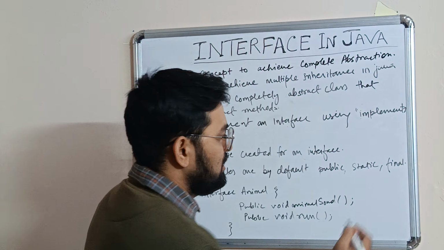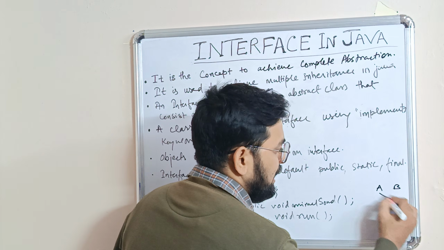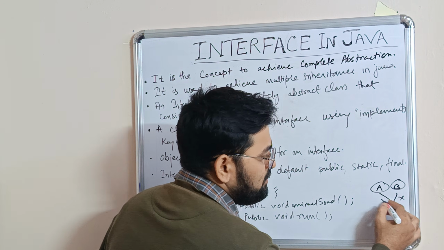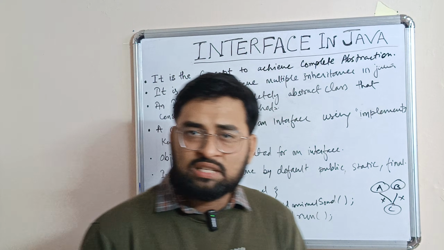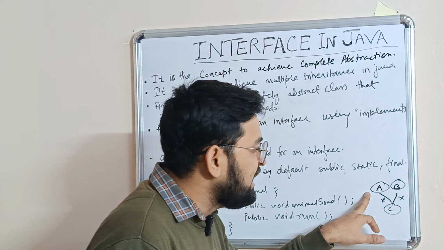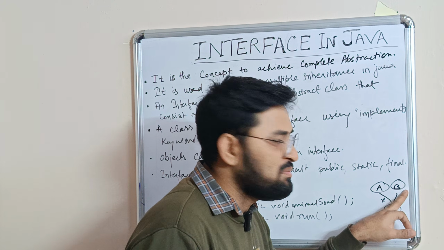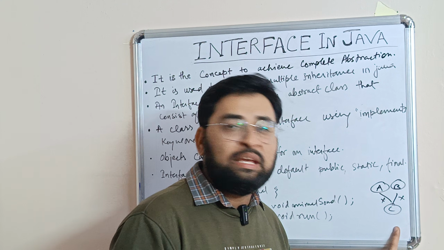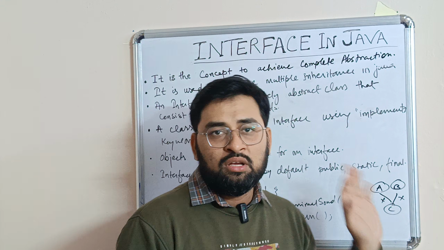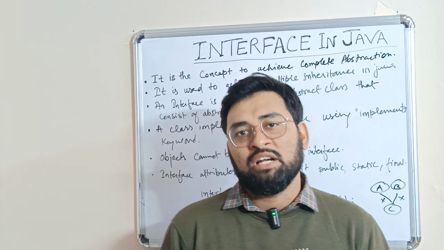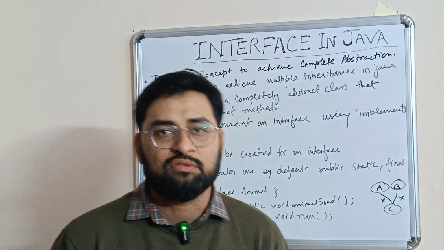Like A, B, and inheriting by C. Okay, it is not possible using Java as normal. So we must require interface. So we must create interface A, interface B, and now we can create the class C which can implement A, B. So that means we have two parent class and we can achieve the multiple inheritance using the interface concept.